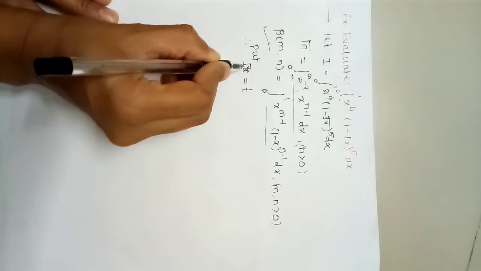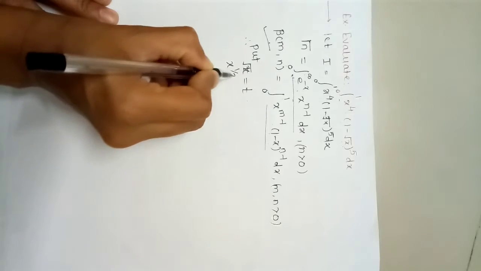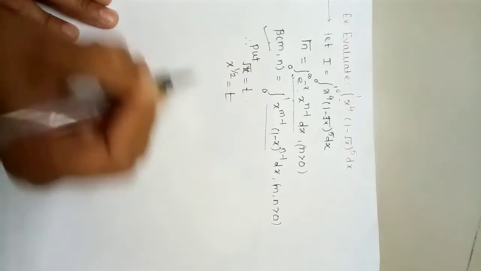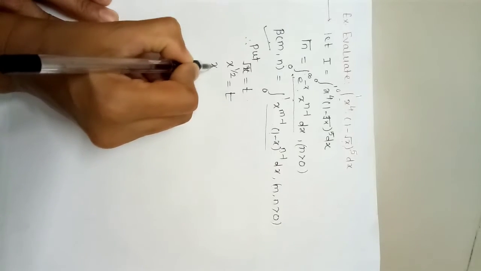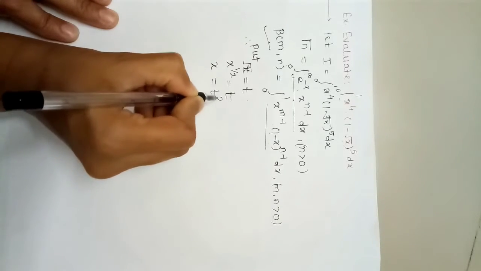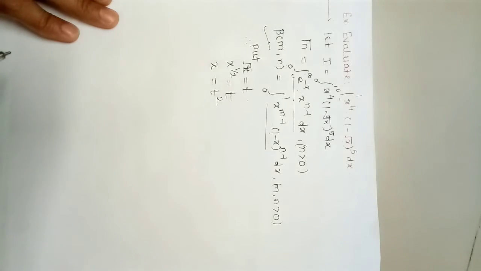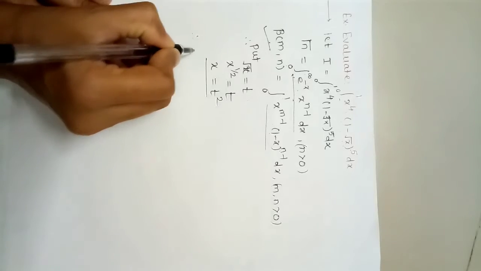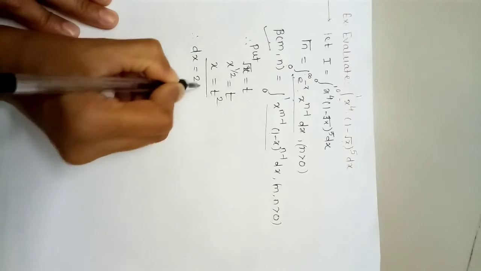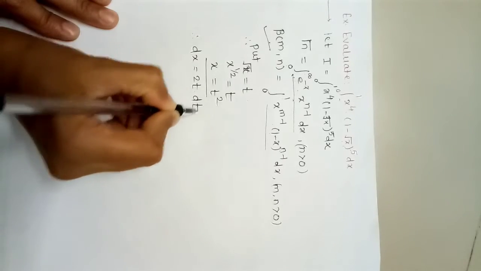And root x is nothing but x raised to 1 by 2 is equal to t. Okay, now squaring on both sides, we'll get here x is equal to t square. Let's find out the derivative of this term, and therefore dx will be 2t into dt.